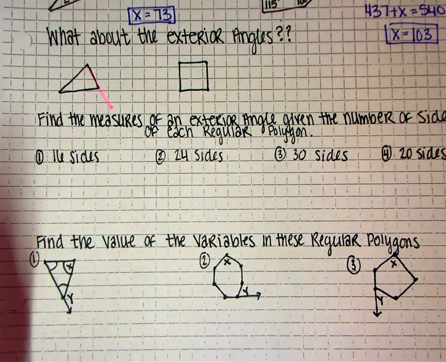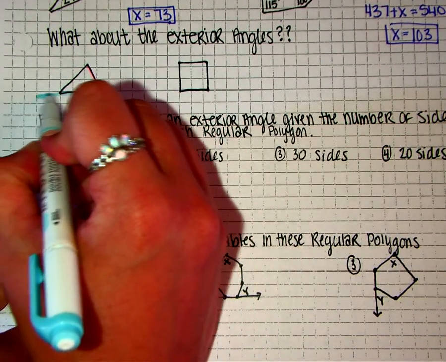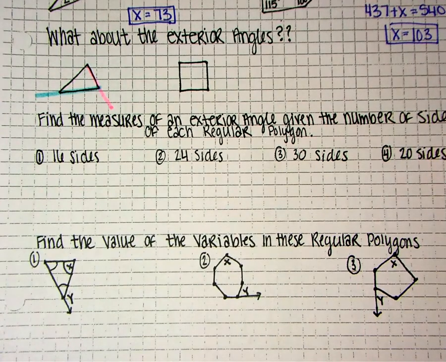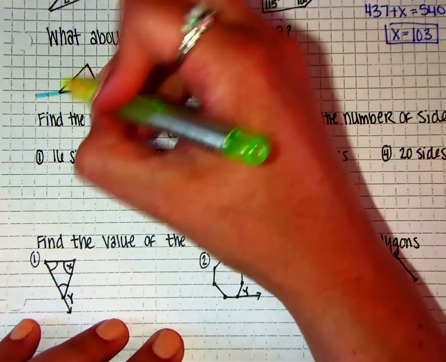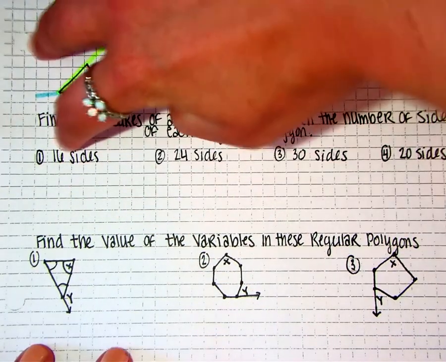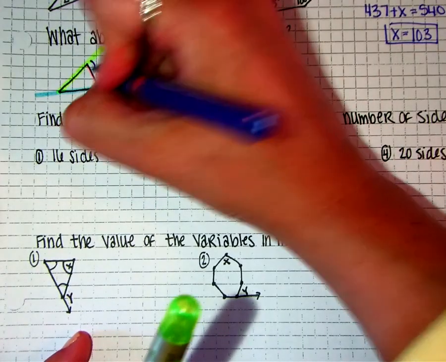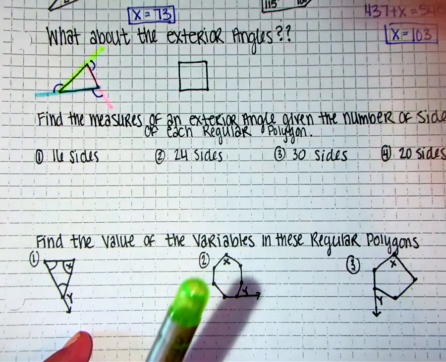I'm following a pattern. I'm going to extend this one out. Okay, and then I will extend this one. See how I've extended the pattern? They're going in circles. I'm left with an angle here, here, and here.